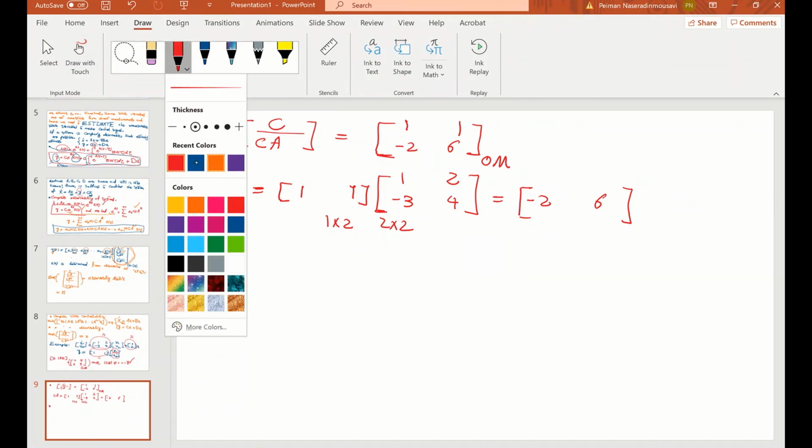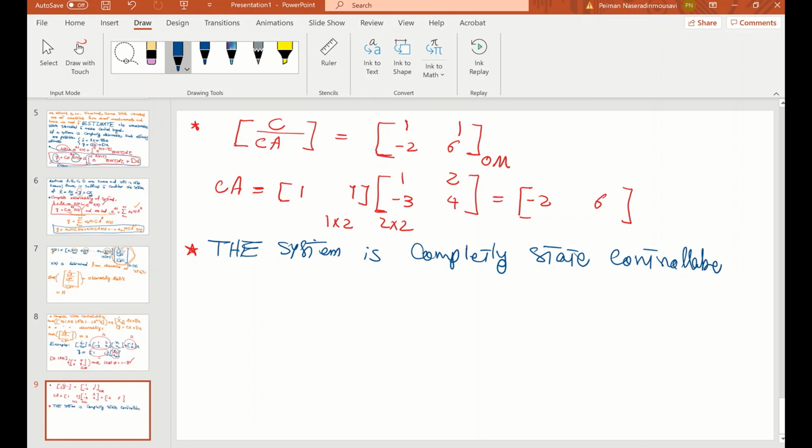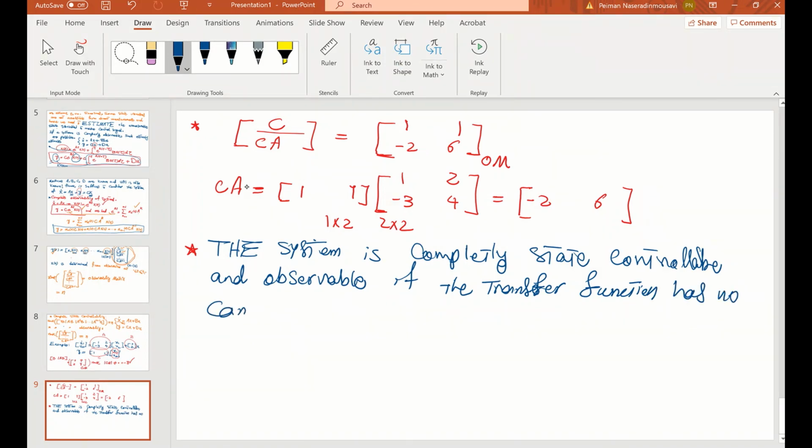The system is completely state controllable and observable, meaning we can estimate the state variables, if the transfer function has no cancellation, as we did for the controllability. Understand?